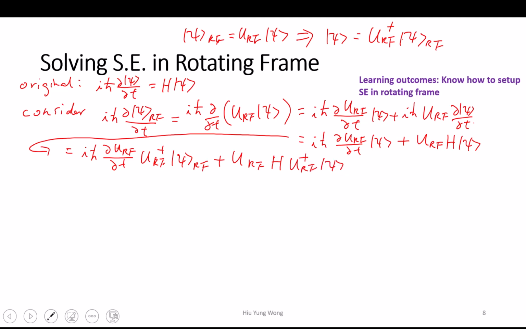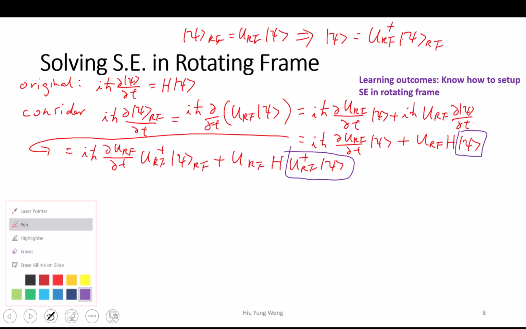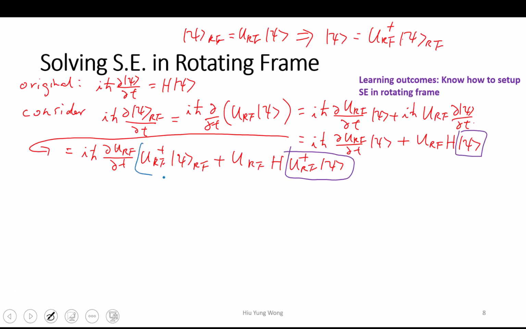Do you see this? Let me just circle that. This one comes from this, right? This one comes from this. Is that okay? All I did was plug in what psi is: psi equals U RF dagger psi RF.